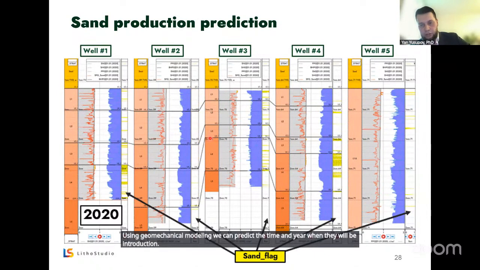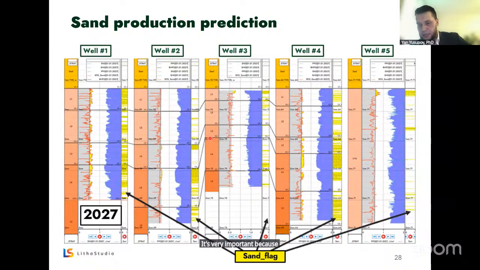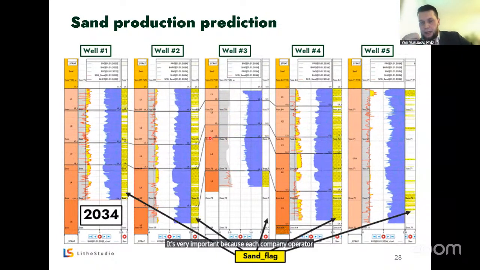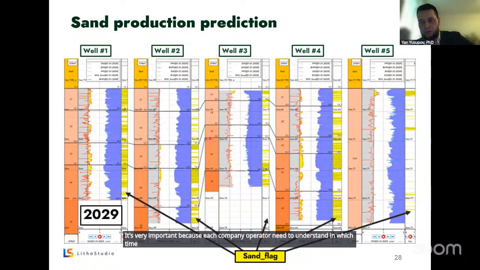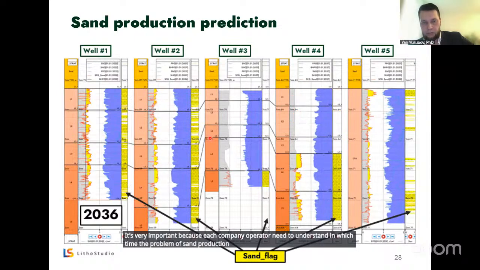It's very important because each operator company needs to understand at what time the problem of sand production will become more actual.